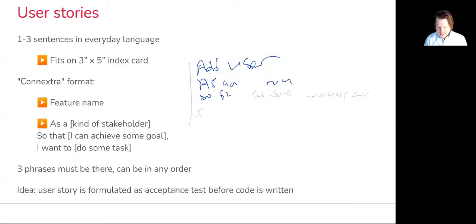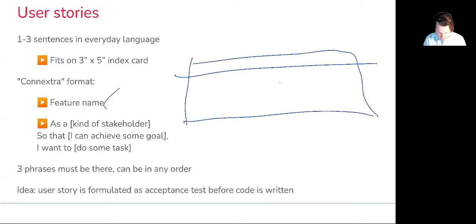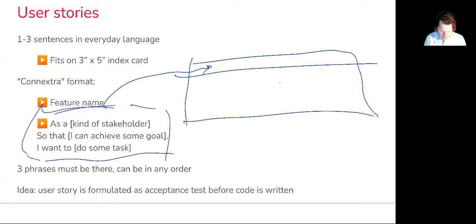But the general idea is that on your note card, you have some sort of title for the feature name, and then the body of that note card will describe the feature using 3 sentences: as some sort of role, so that I can accomplish this, I want to be able to do that. Or as a whatever, I want to do some sort of task so that I can achieve some sort of goal. The ordering doesn't matter.